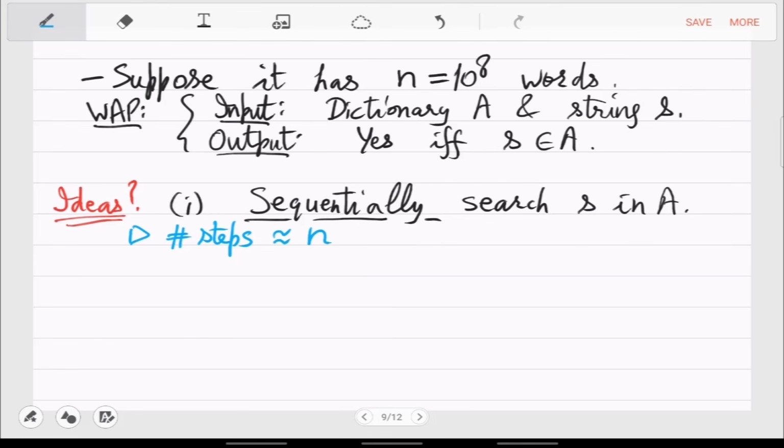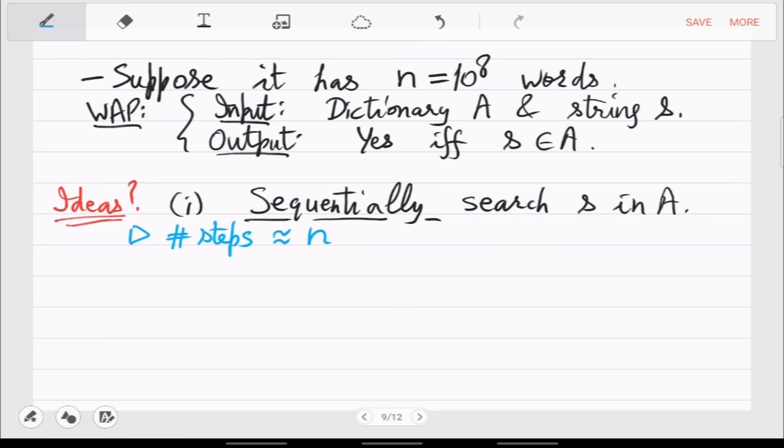There is this whole spectrum, and we always take the worst case possible. So you have to think in terms of what an adversarial input will be. An adversary will give you an input which is hard, so that will usually be in the middle of the dictionary or at the end. So the number of steps is around n. It's not 1, it's not 10, but it's almost as big as the array.